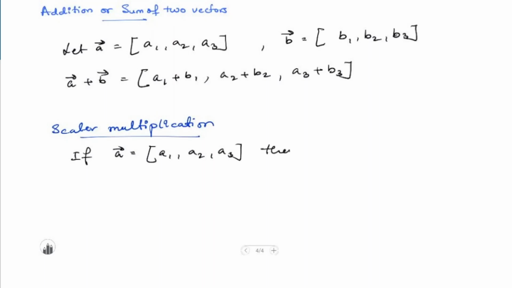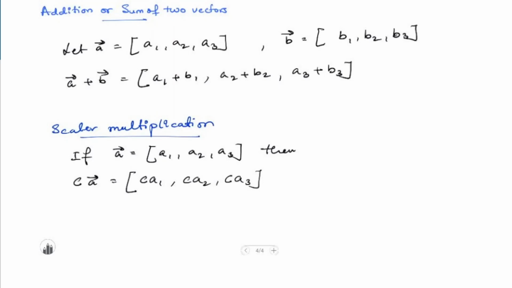Then let's say we have a constant C and we're multiplying C to the A vector. In that case, our answer will look something like this. We have C times A1, comma, C times A2, comma, C times A3. So that would be our answer for scalar multiplication.